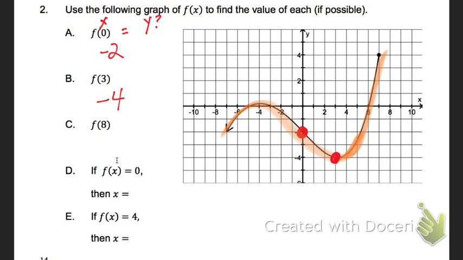It's at -4. Now, f of 8 is here. I'm going to go up. There's nothing there. It's just outer space. If there is nothing there, then we say it does not exist. DNE, does not exist, because there's no function there. It stops at 7, and then nothing in outer space.